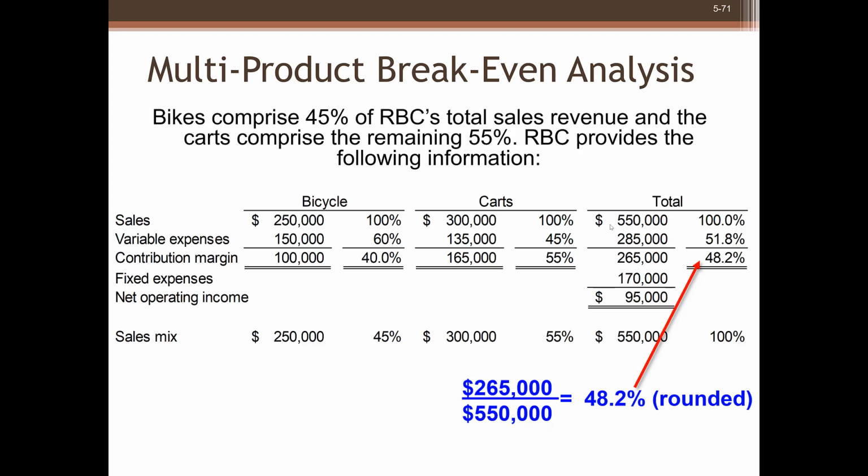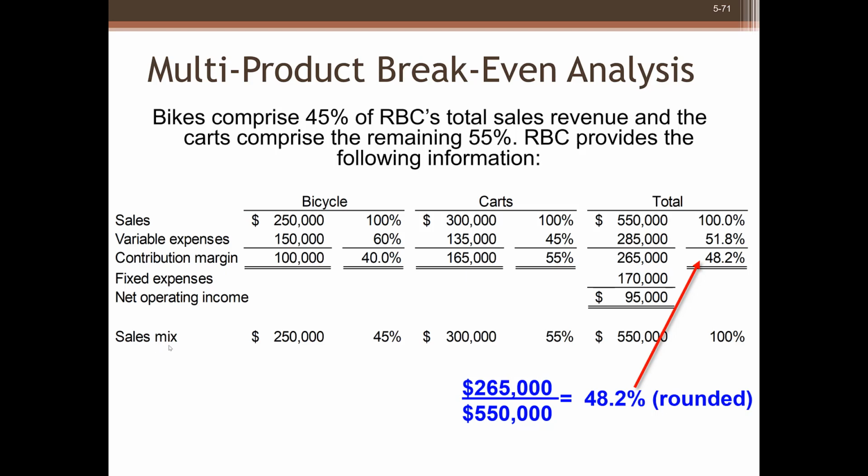For the total, we have total sales of $550,000, total variable expenses, and total contribution margin. Fixed expenses are $170,000 here. We will not assign any percentage to those products. Net operating income is $95,000.